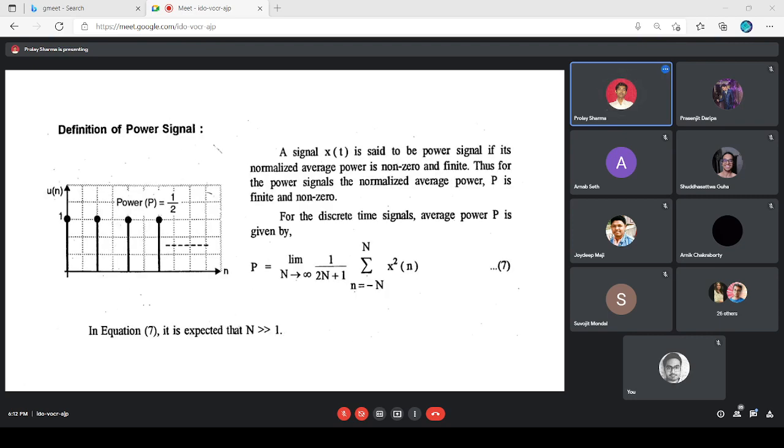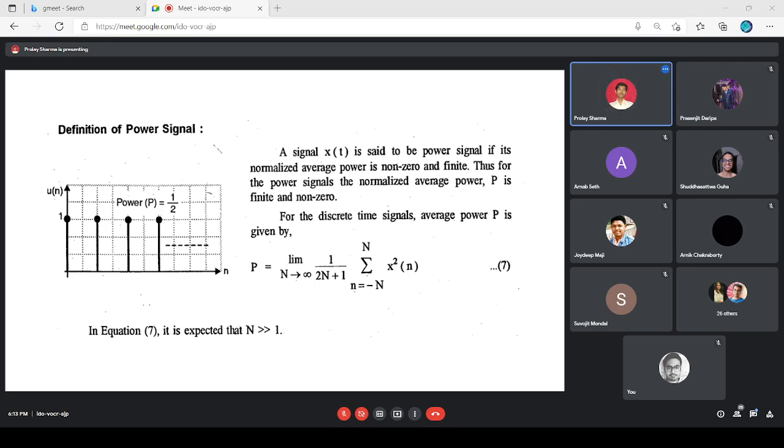Now let's define the power signal. So we know what is power. We will call a signal a power signal if the power is of non-zero value, that means the average power is a definite value.